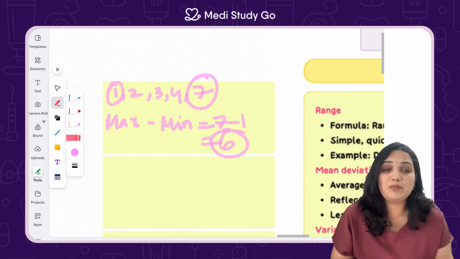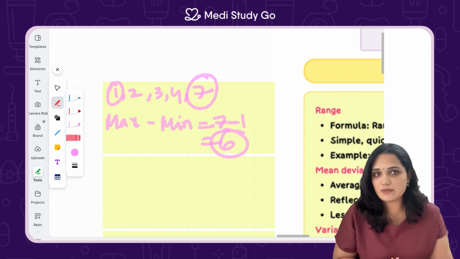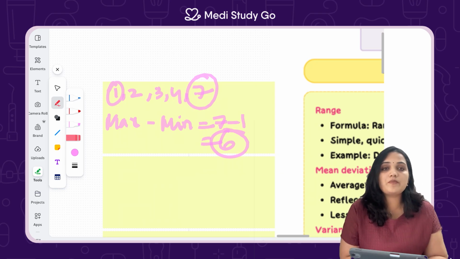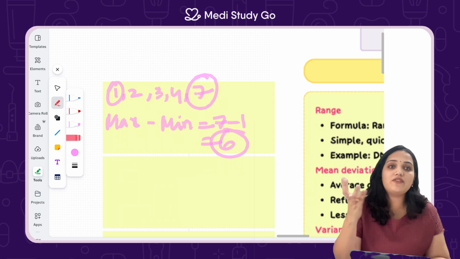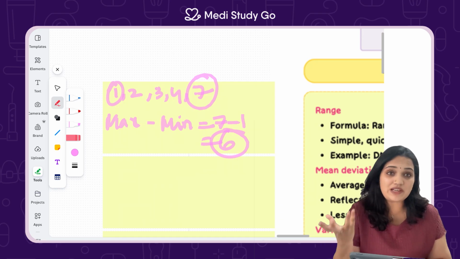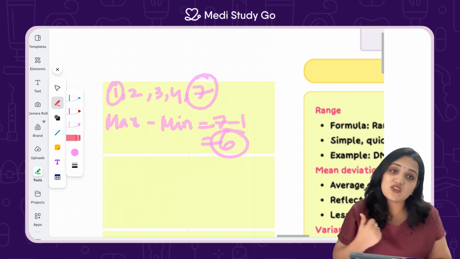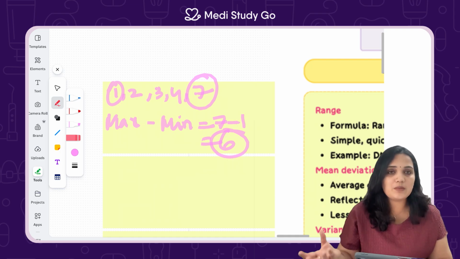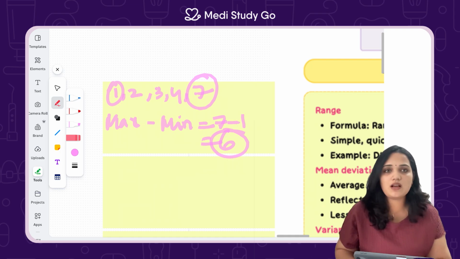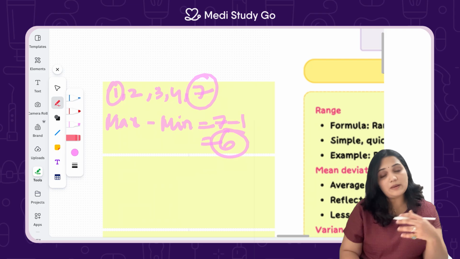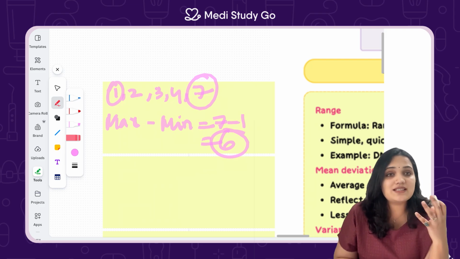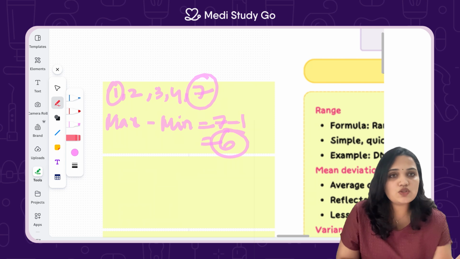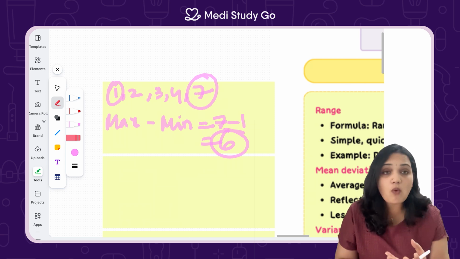Alright. But range also has a limitation. Since it uses only 2 values, if any one of those values is extreme, then the value that we get can be very misleading. Like for example, if in the same data set the 7 was replaced by say 25, the range would be 25 minus 1, 24.